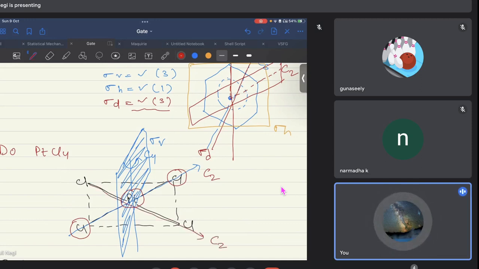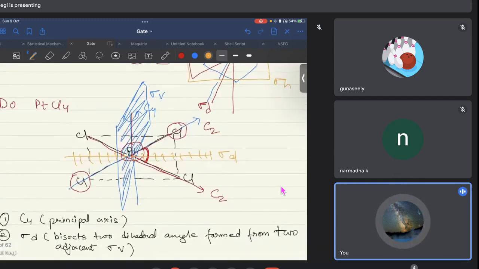So for sigma d, my definition was this simple: my plane has to bisect the angle between this C2 and this C2, two adjacent C2. So this is the angle, and if I draw one plane bisecting this, so if this is the plane, yes, it is reflecting the molecule, and I will call this plane sigma d.